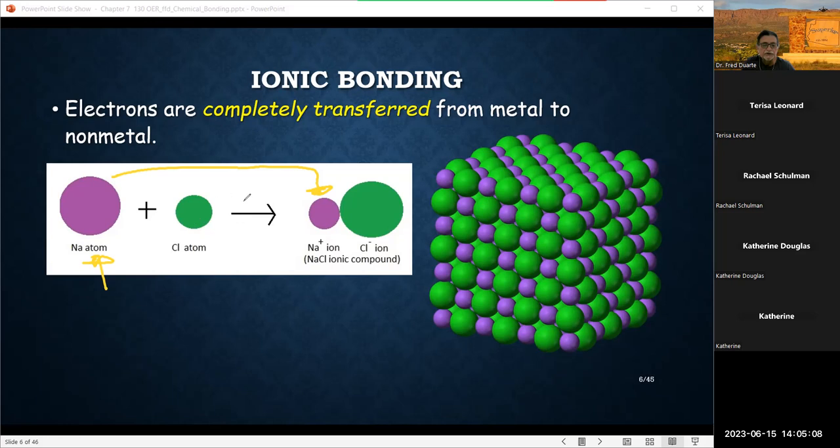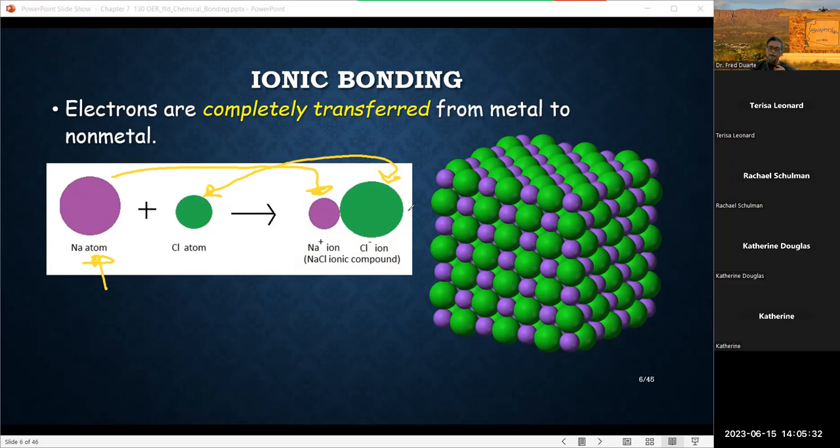The opposite is true when you're dealing with the anion. You have the chlorine atom. It picks up an electron because it has room for 1 more, and its diameter gets bigger, its radius gets bigger, because that electron is now in the outermost shell.